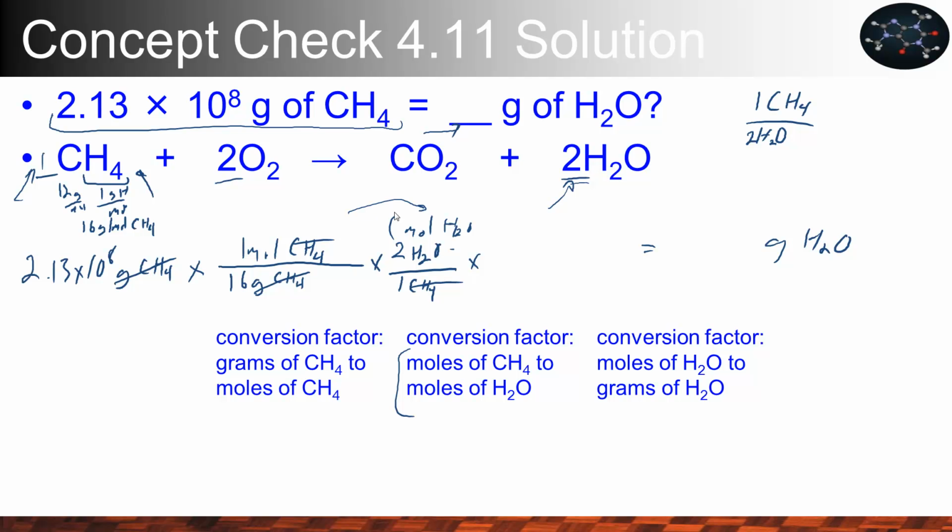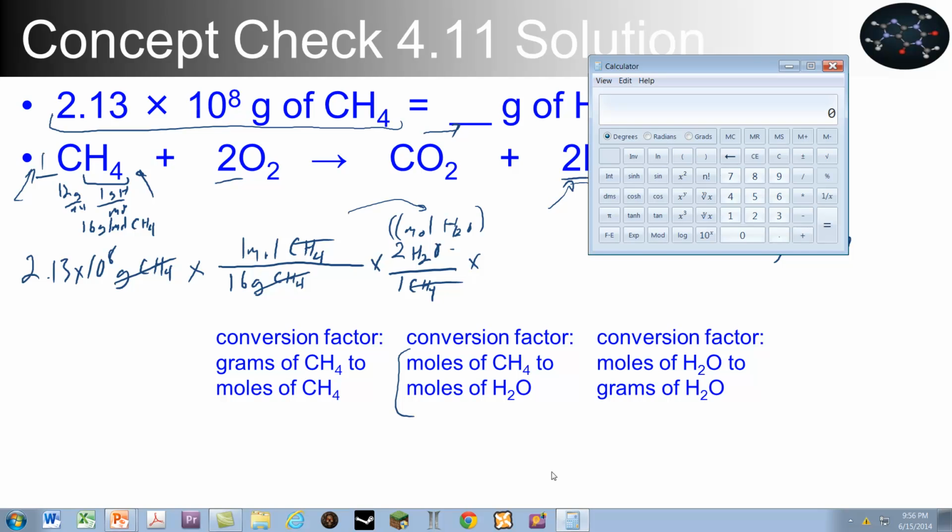I totally misspoke. We have calculated our current answer in terms of moles of water, and we can pull the calculator up and look at that. Say 2.13 times 10 to the 8th, divided by 16. This is the value in terms of the number of moles of methane that we currently have in our calculation.